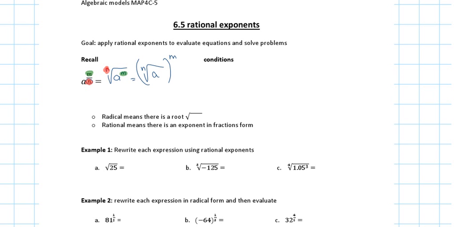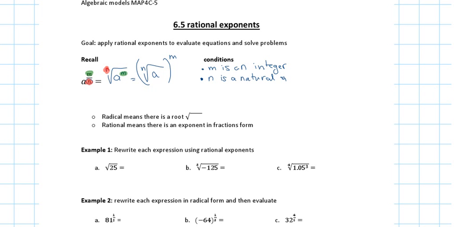Now, when I'm looking at my conditions, m has to be an integer, so it has to be a whole number, okay? So m is an integer. n has to be a natural number, and when we say a natural number, we mean it's positive integers.